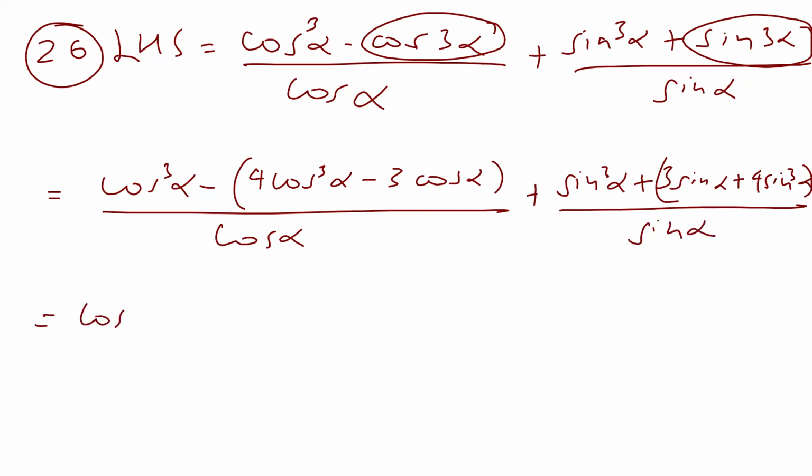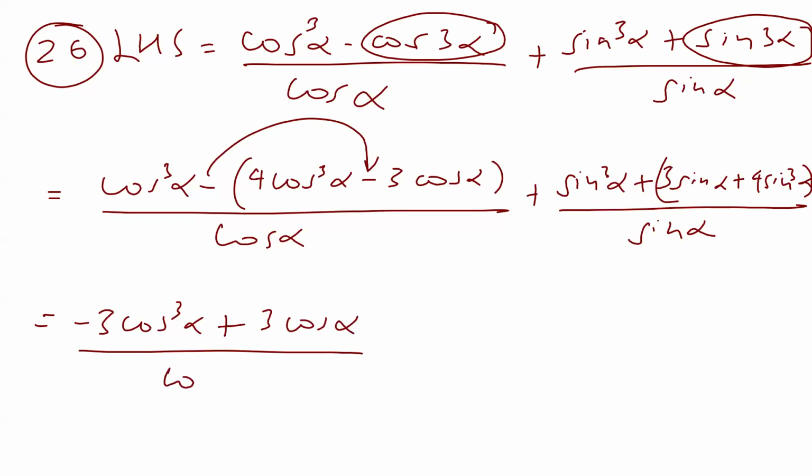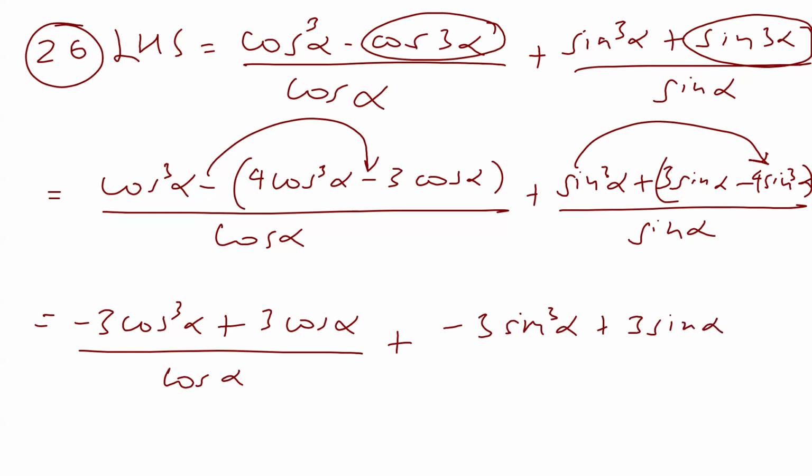So this will be cos cube alpha minus 4 cos cube alpha is minus 3 cos cube alpha, minus into minus is plus 3 cos alpha upon cos alpha, plus... sorry, it's minus, I have written the formula wrong. So sine cube alpha minus 4 sine cube alpha is minus 3 sine cube alpha, plus sine 3 alpha plus 3 sine alpha upon sine alpha.